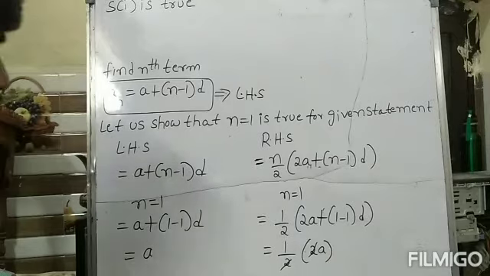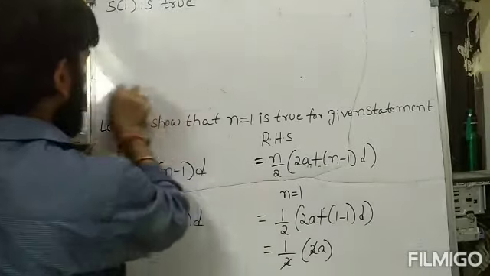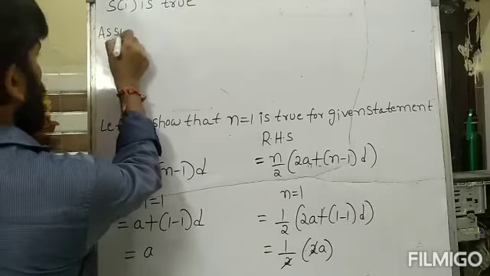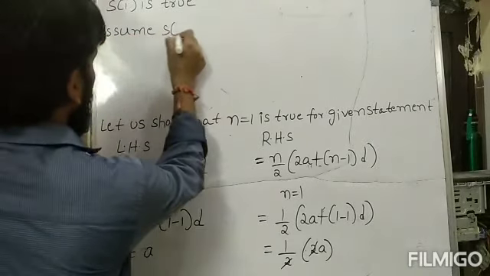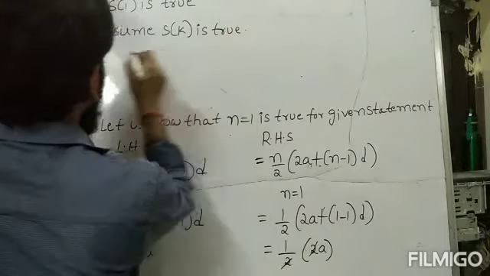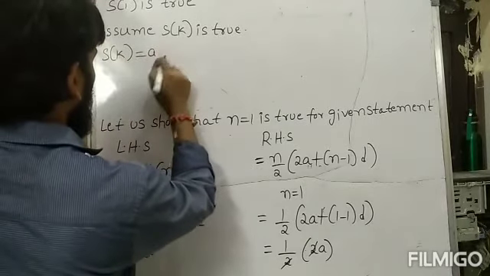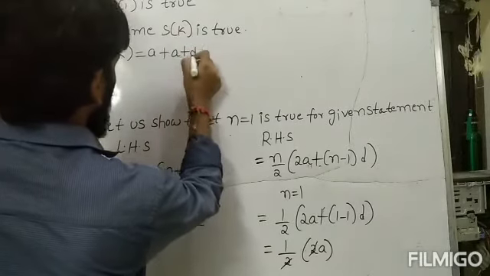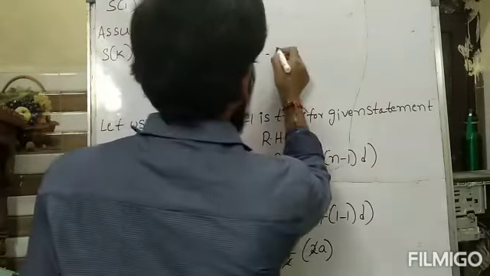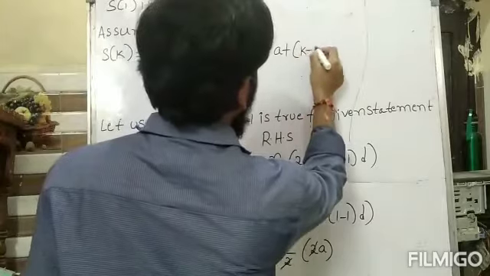Okay. Next, what do we need to write? Assume S of k is true. So for the given statement, S of k equals a plus d plus a plus 2d, and so on up to a plus, in the place of n we need to add k.